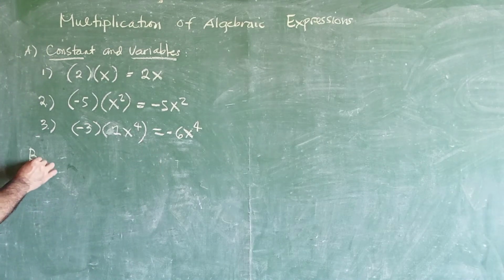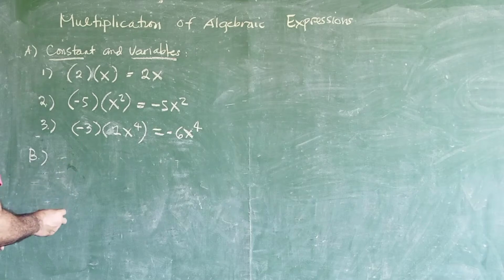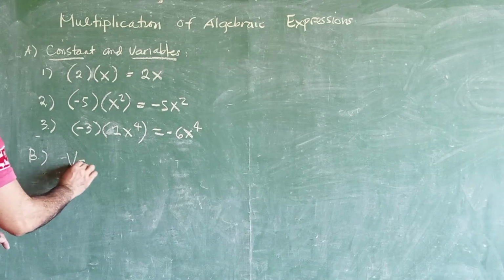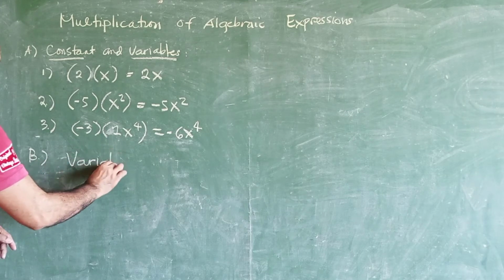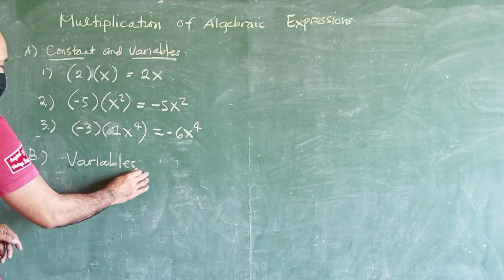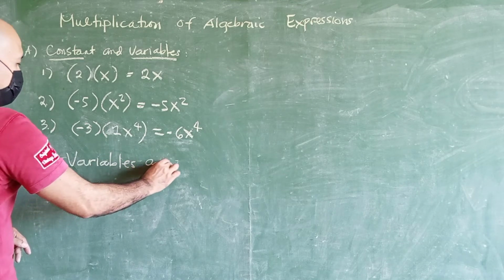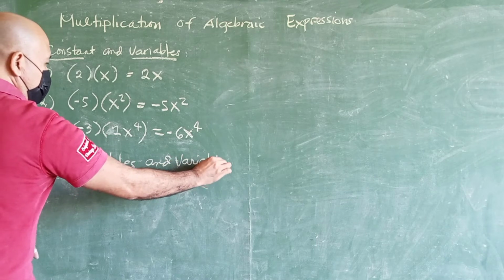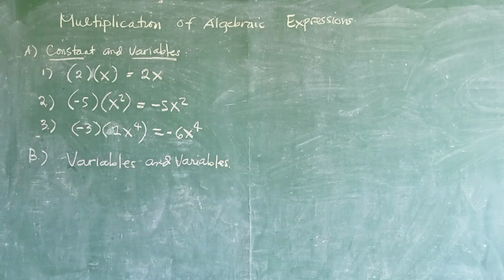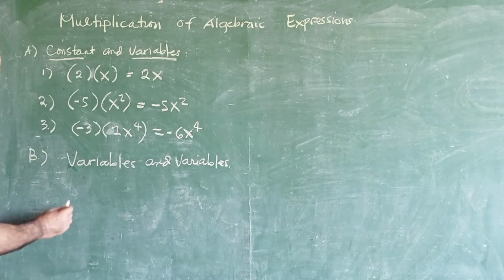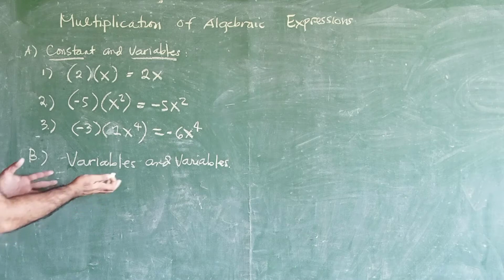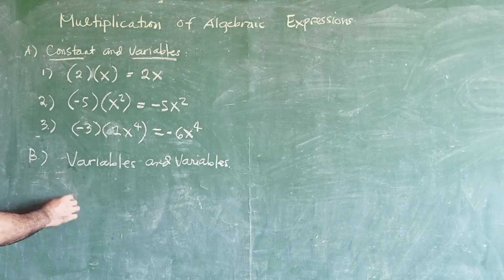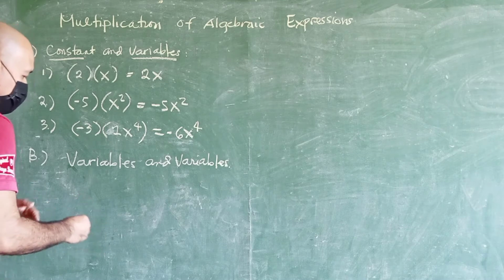Let's proceed to the second one. This time, variables and variables. What is the result when we multiply variables? For this part, there are two possible cases.